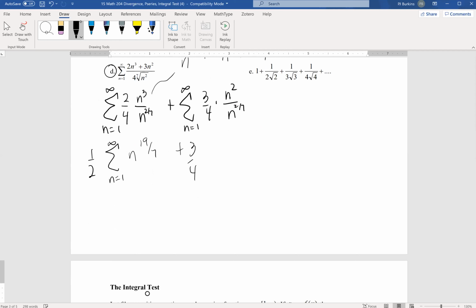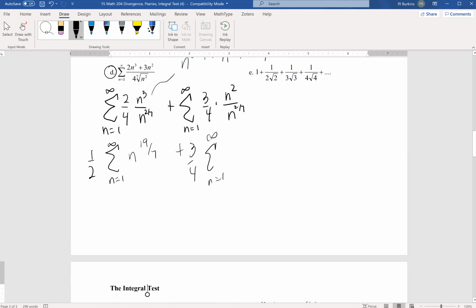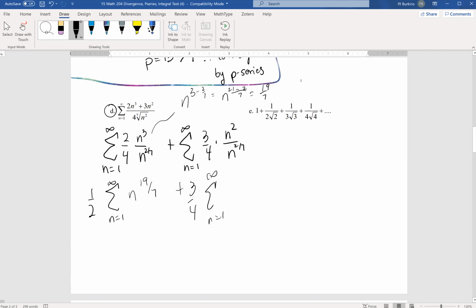Then this one I can pull the 3/4 out. Then we have n squared over n to the 2/7. So that's n to the 2 minus 2/7, or 12/7, right?